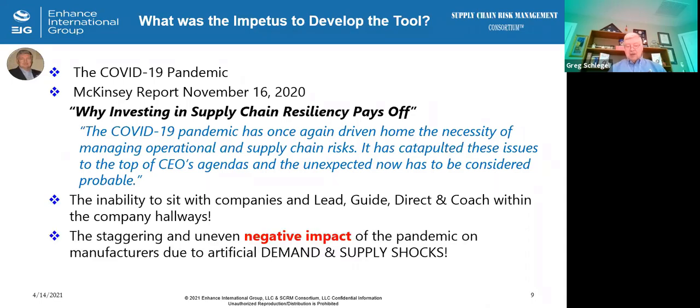And last, the staggering and uneven negative impact of the pandemic on manufacturers due to, and we say this, artificial demand and supply shocks.